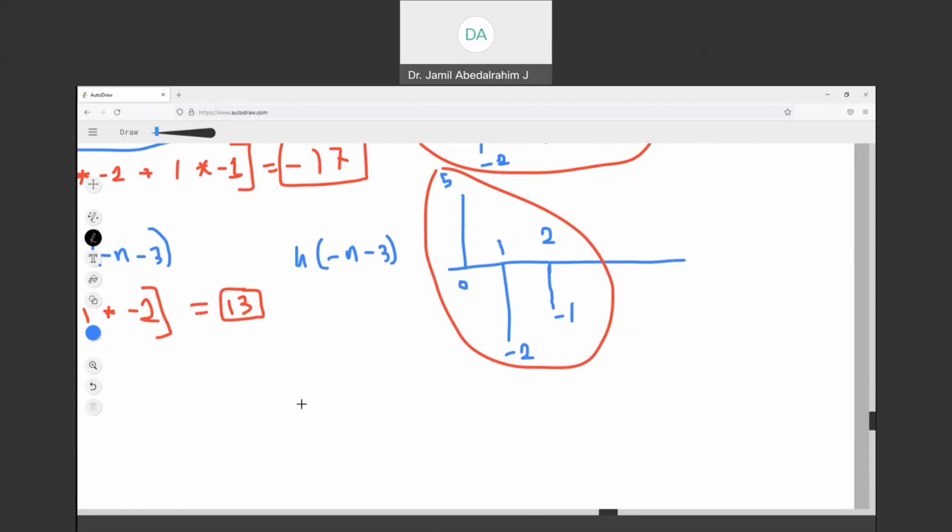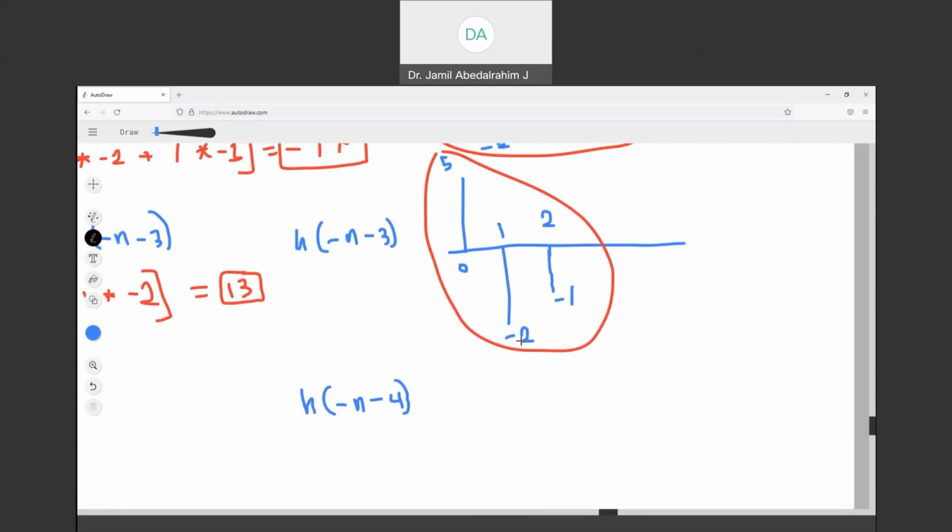So h of negative n minus 4, we shifted this signal only by 1.